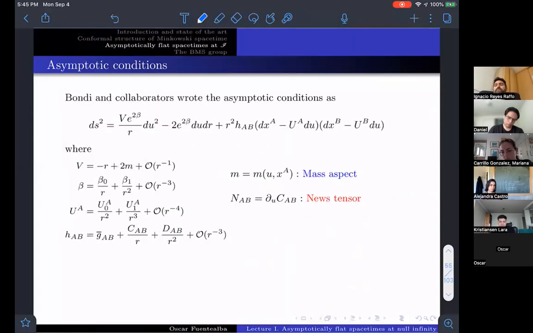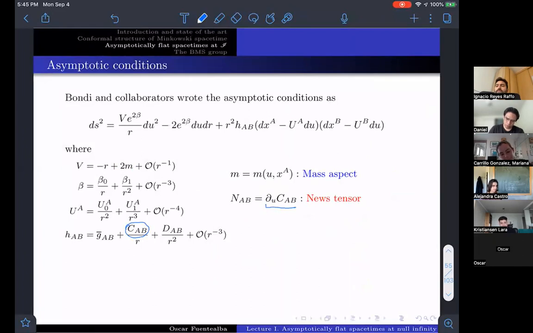So now we'll call the time derivative of this function that is appearing here the shear. The time derivative is what we call the Bondi news tensor.